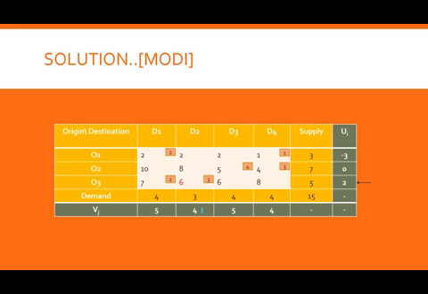So now you see that all UI and Vj values are calculated. What is the next task? Supposed to calculate Eij values. So I will get an Eij value at 1,2; 1,3; then 2,1; 2,2; then 3,3; 3,4. Okay. So let us calculate the Eij values.